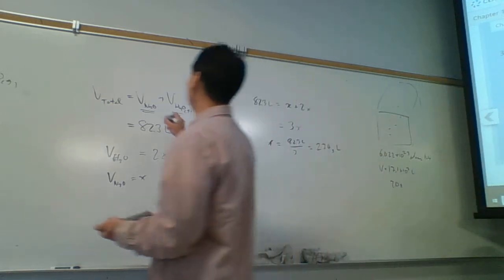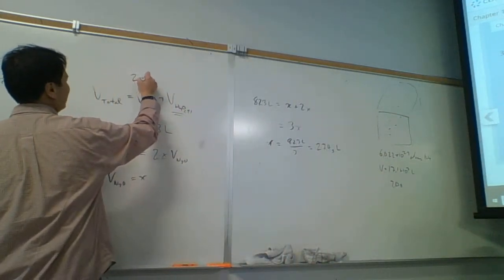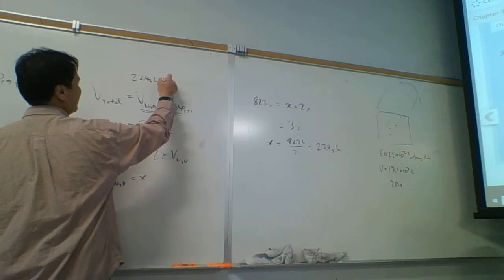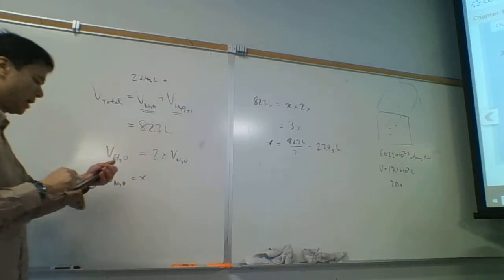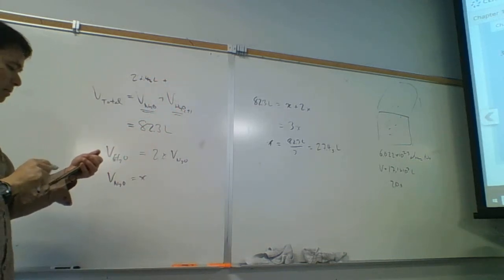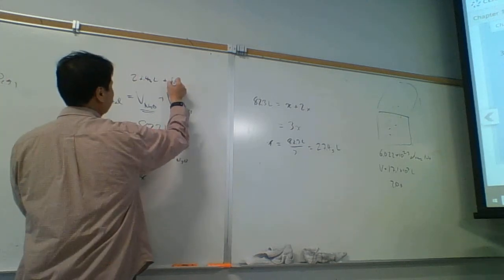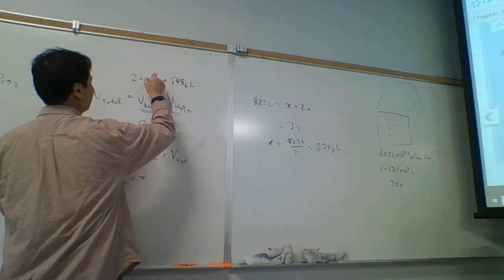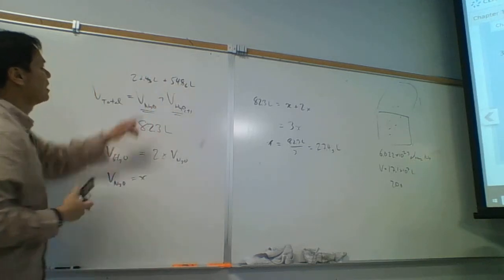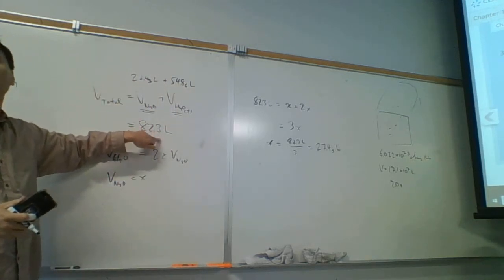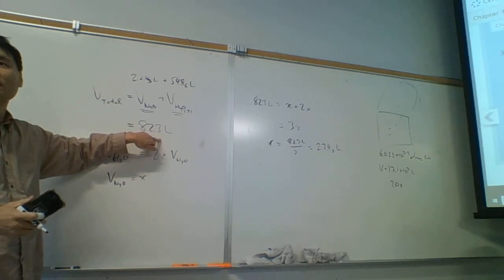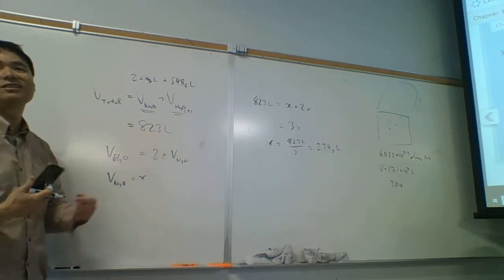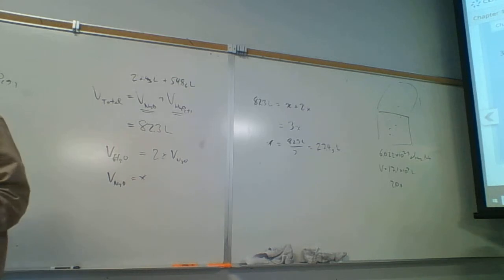So the volume of nitrous oxide is 27.43 liters, and the volume of water is double that, times 2, 54.86 liters. If I add both of those up, I get 82.3 liters. Does that make sense? We had to do some additional work to figure this out.